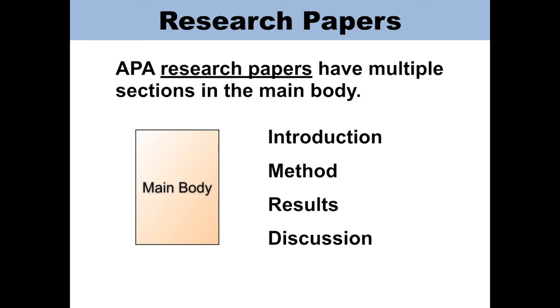So we do have that introduction, which is the literature review, and we have the method. What types of studies were done in order to conduct this research? The results are included. And then the discussion. How are all of these results relevant? What do they mean?